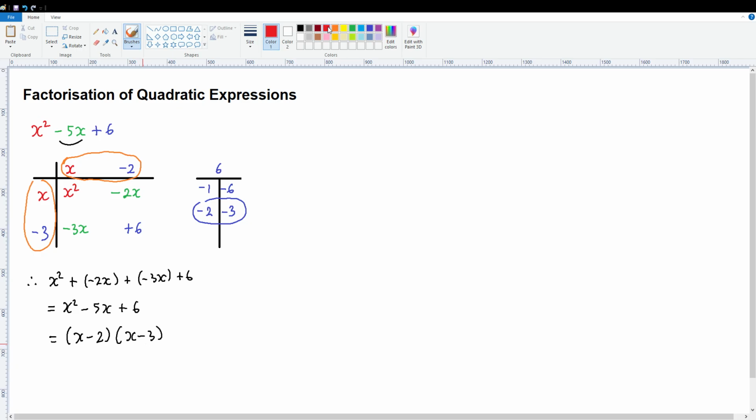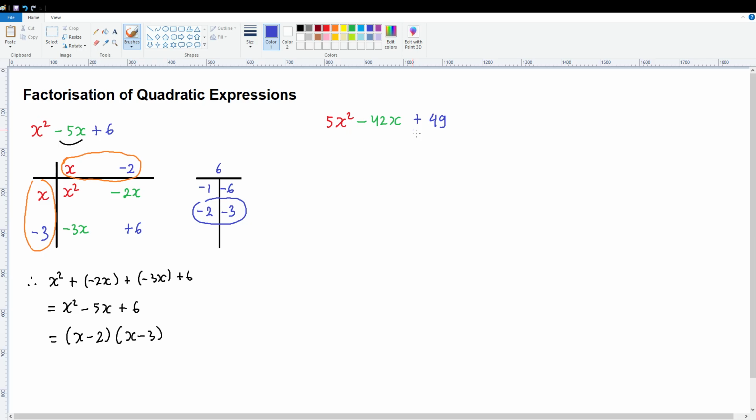Let's say we have another example of a quadratic expression, that is 5x squared minus 42x plus 49. Now, it is a bit tricky, but the concept to solve this one by the table method is the same as the previous one.